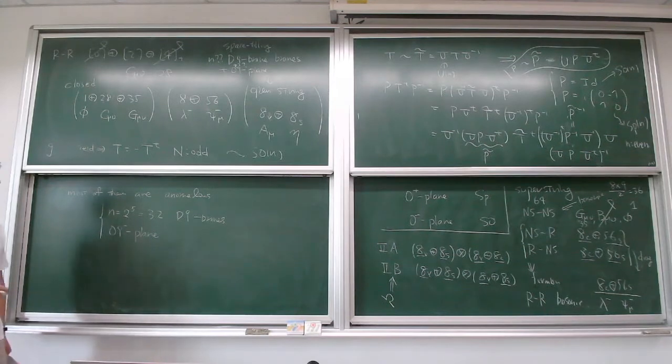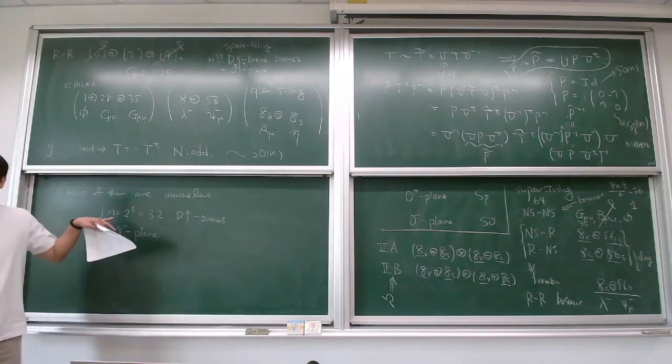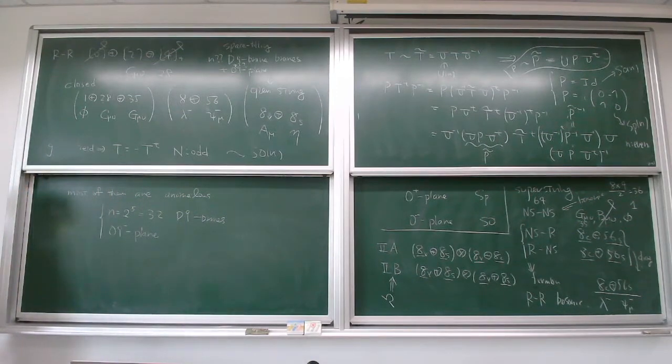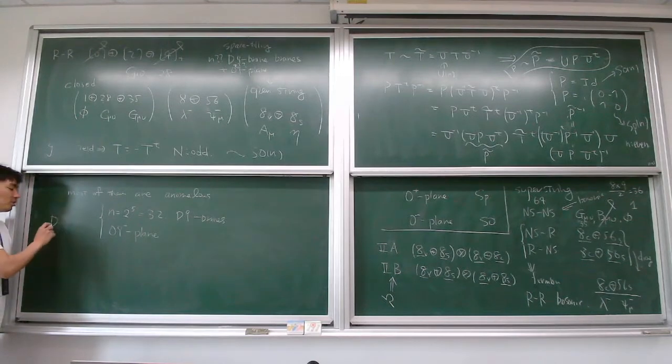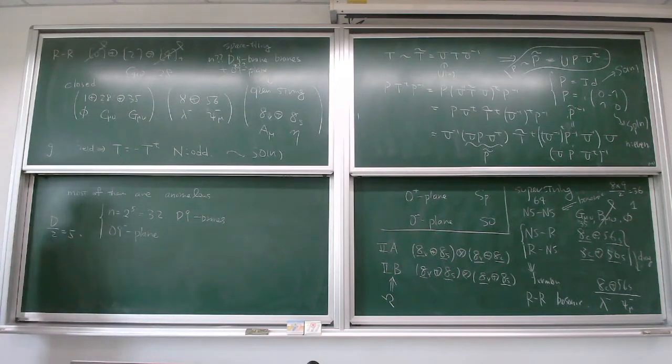So we will see where the 5 comes from. What does 5 mean? It means that d is equal to 10, and this exponent 5 is half of the dimension.